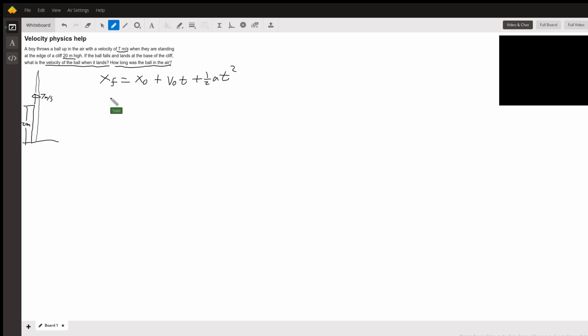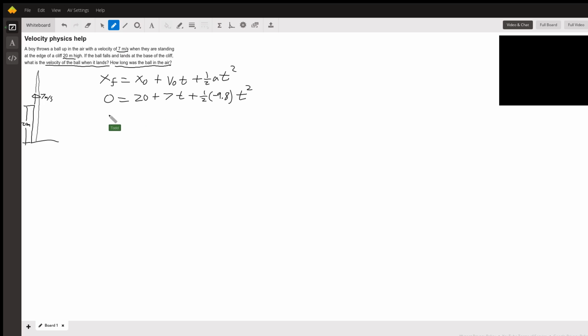Okay, so in this case, I'm going to say that x final is 0, x naught is 20 meters, plus we have the 7 meters per second times an unknown amount of time, plus 1/2 times negative 9.8 meters per second squared times t squared.